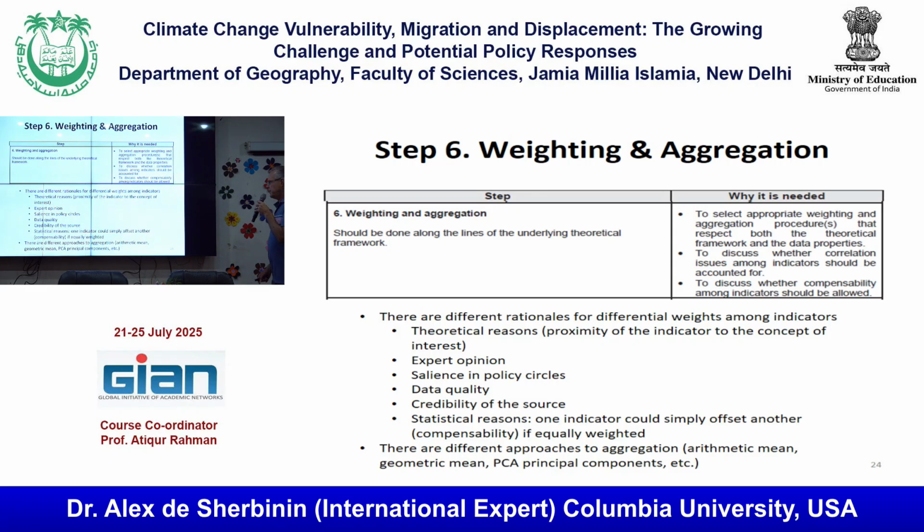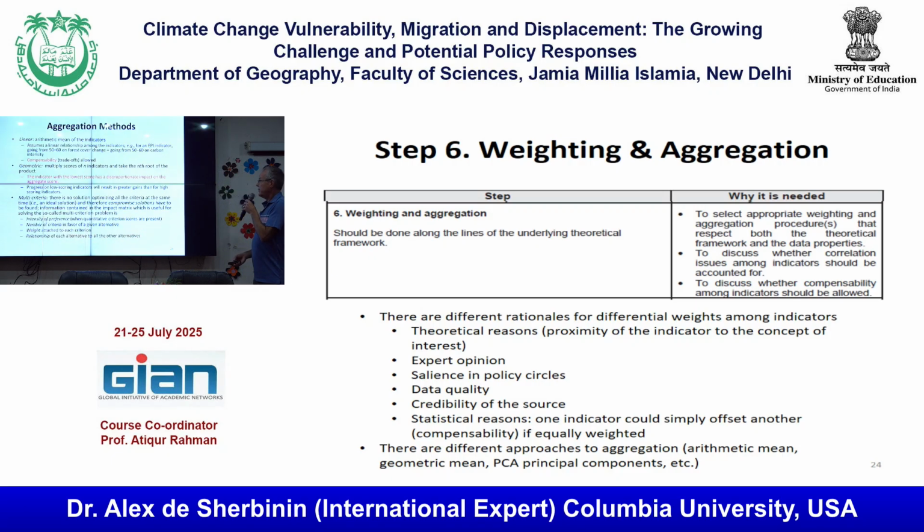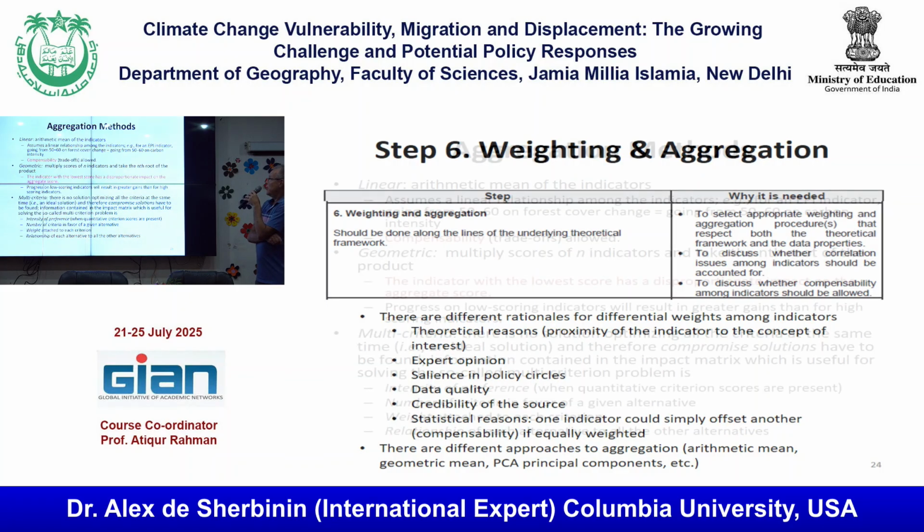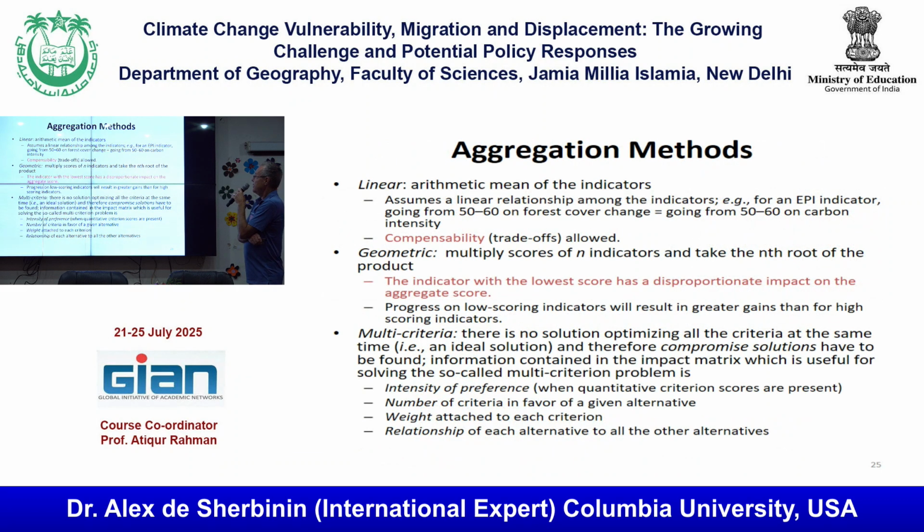And then statistical reasons. One indicator could simply offset another, as I mentioned, the compensability factor. If you downweight one of those indicators, a low score in that indicator is less likely to compensate for a high score in the other indicator. There are also different approaches to aggregation, which have different properties in terms of the way they affect results. The linear arithmetic mean of indicators assumes a linear relationship among the indicators.